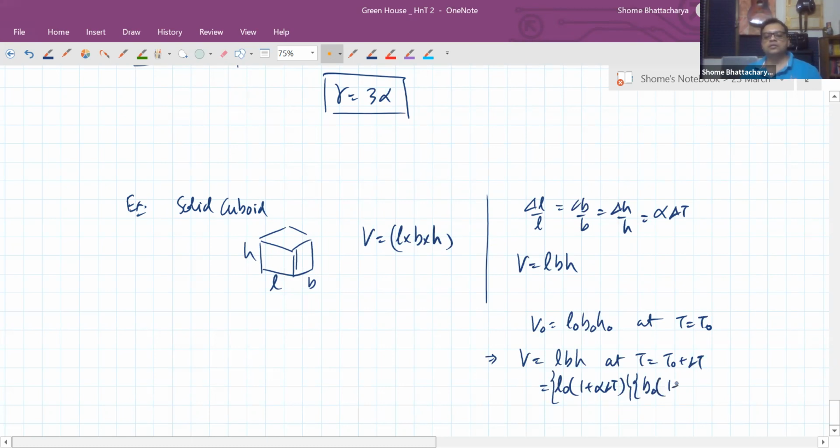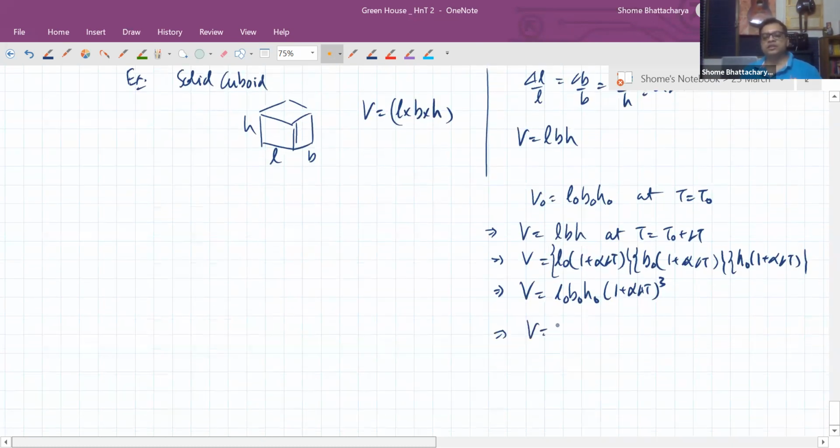Similarly for the width, and similarly for the height. It's very similar, but this factor of 1 plus alpha delta T is multiplied thrice now, because volume is dimensionally equal to L cube, the cube of length.